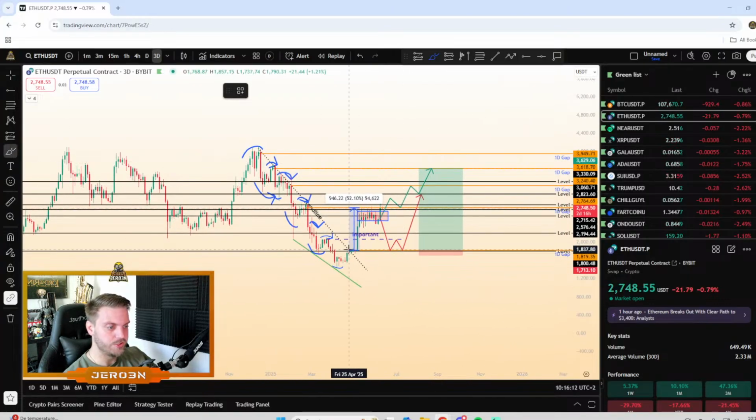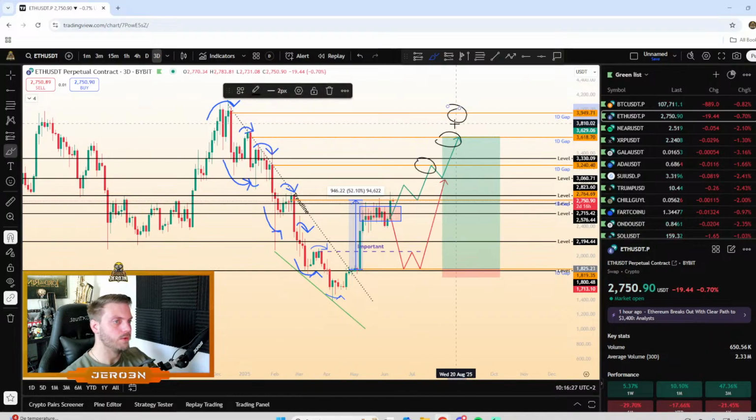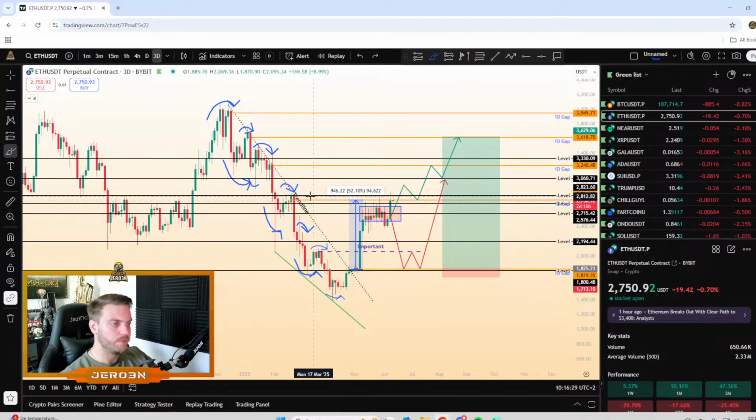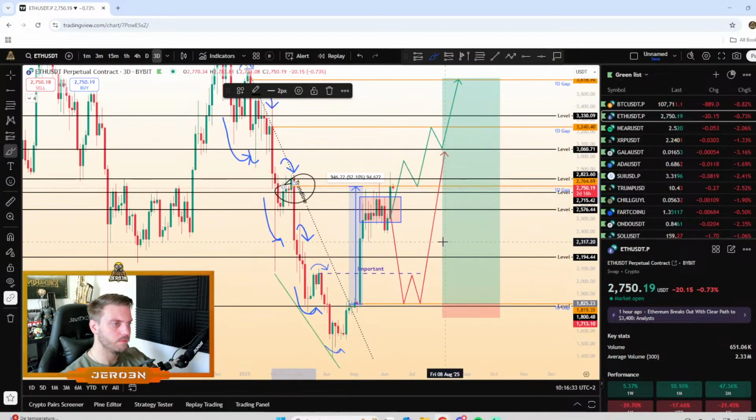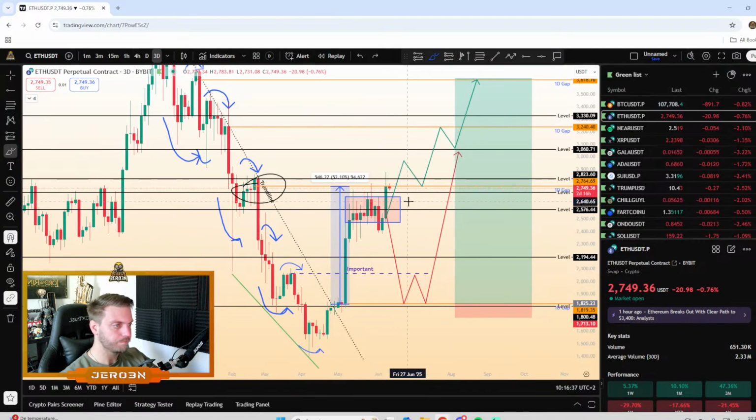And I shared this analysis at the end of April, where we had this potential to close this gap, continuation to that one, and maybe even that one, and that one. What happened? The first one got closed yesterday. Perfect hit. But it already got hit before with a wick.